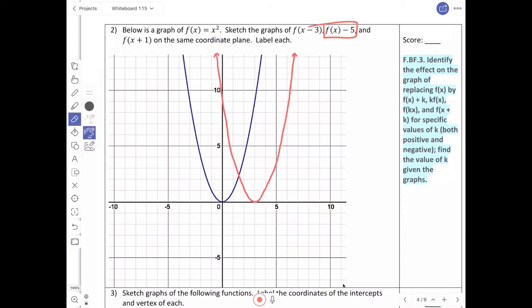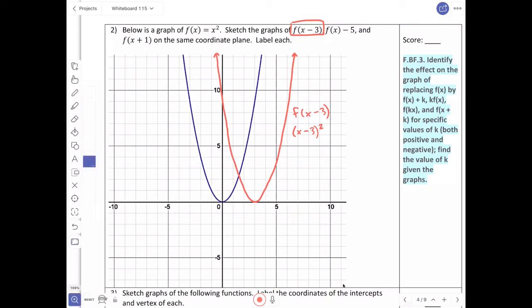And I accidentally also took that, so let's undo that. This is f of x minus 3, which is also known as x minus 3 squared.